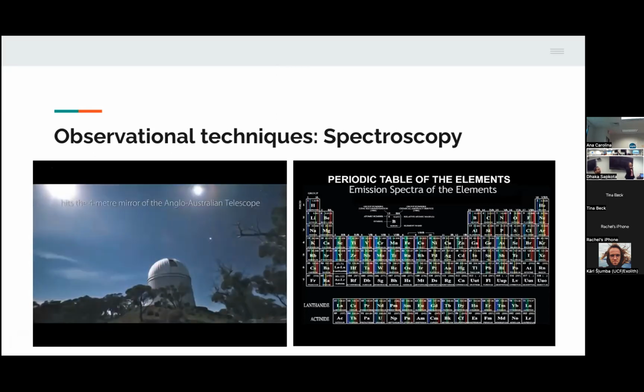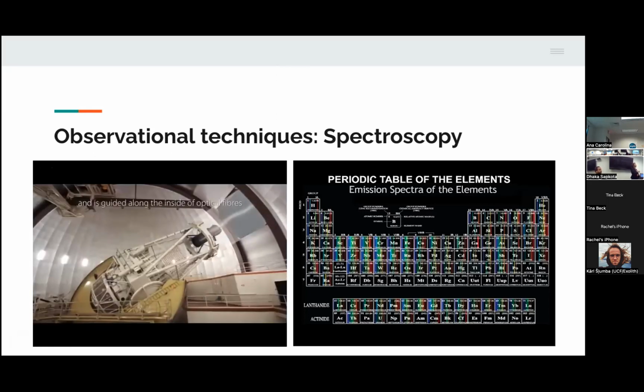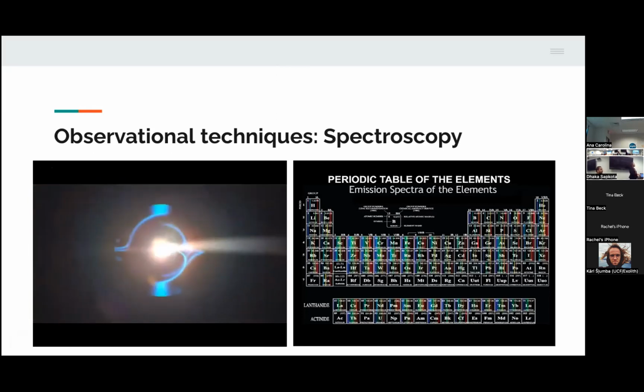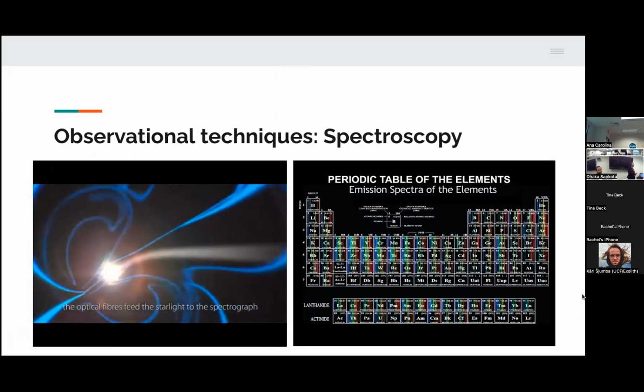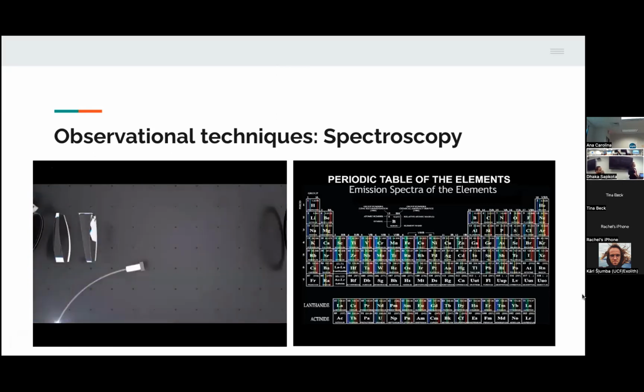So the light comes from the object, hits the mirror of the telescope, and then the light is guided inside the telescope in a lot of ways, and it's put together until it arrives at the spectrometer itself.